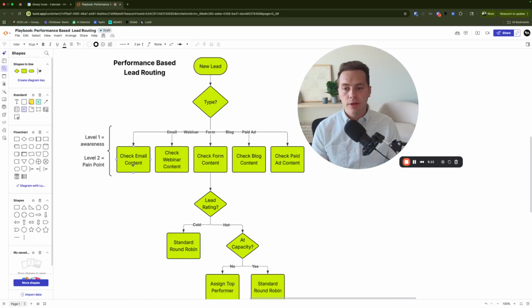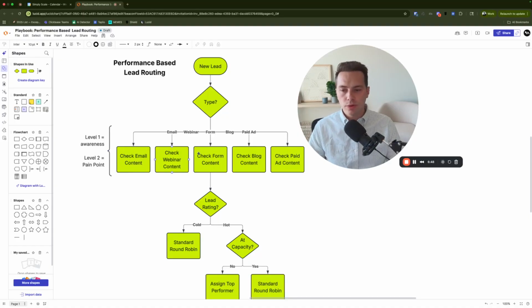Yes, they came from email and they might be clear at the top of the funnel or in the middle of the funnel, but it's going to be pain point 1, or it's going to be pain point 2 that they actually clicked on in the email that made them want to talk to us. Okay, so we probably know that pain point number 2 is going to be the thing that they're most concerned about, and that's what they want to figure out if we can help them with. So let's assign that over to John, okay?